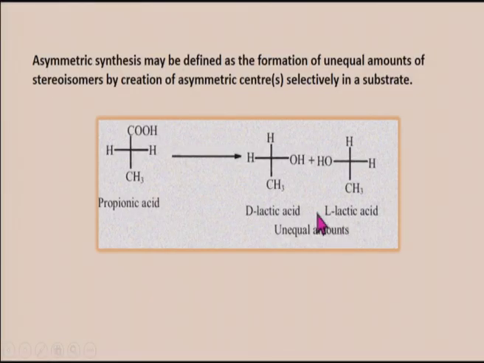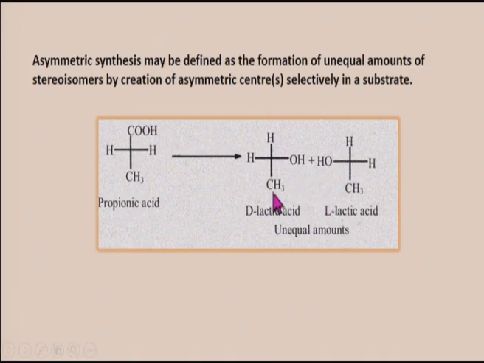Now we are going to create a chiral center by reacting with a specific reagent. When we treat this propionic acid with some specific reagent, it converts into D-lactic acid and L-lactic acid, right? Here you can see the acid group. These D and L forms are 2 isomers, enantiomers, and they are formed in unequal amounts.